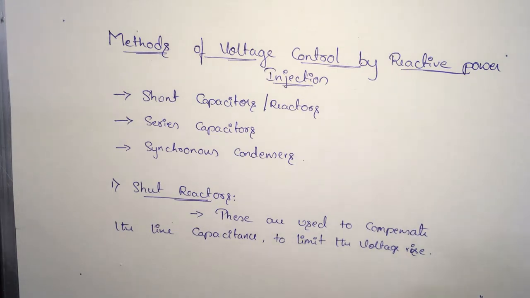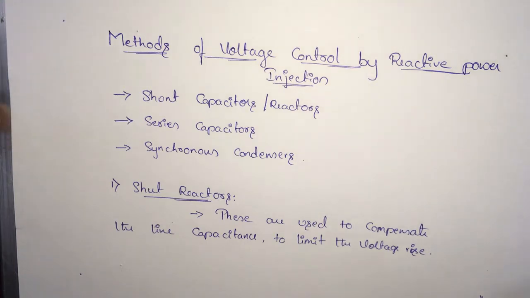What happens if we don't introduce any shunt reactors? If there is any line capacitance, the voltage keeps on increasing from the sending end towards the receiving end. Let us assume we are supplying 230 volt. With line capacitance, the voltage keeps on building towards the receiving end. It would be nearly 300 or 350 volt.